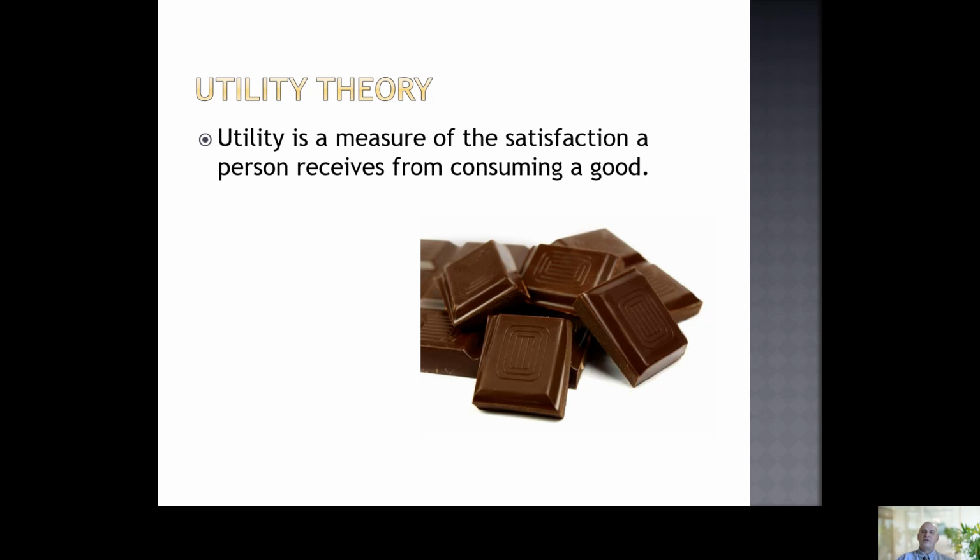And the one thing that we've recognized is that we do, on some level, have a pretty good understanding of what gives us satisfaction. So oftentimes when I teach this concept in class, I will come to class with a bag of Hershey Kisses. And I'll ask students, who are my chocolate lover students that really enjoy chocolate?